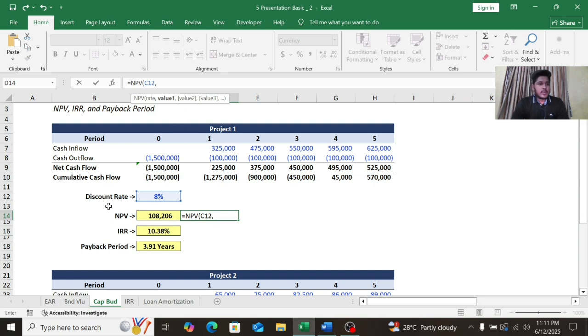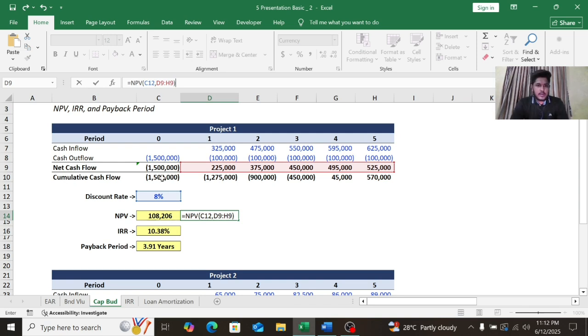The value is our net cash flow, the cash flow that the project generates, from this to this. We can also use shift control and right arrow to select our project net cash flow. To calculate net present value, you have to subtract the amount of initial investment so that we can get the net we have generated.